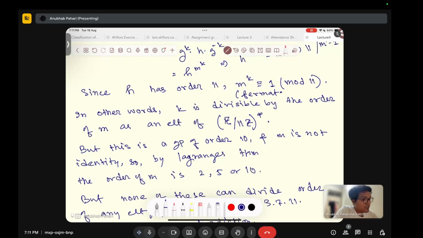K is divisible by the order of m as an element of Z by 11Z star.